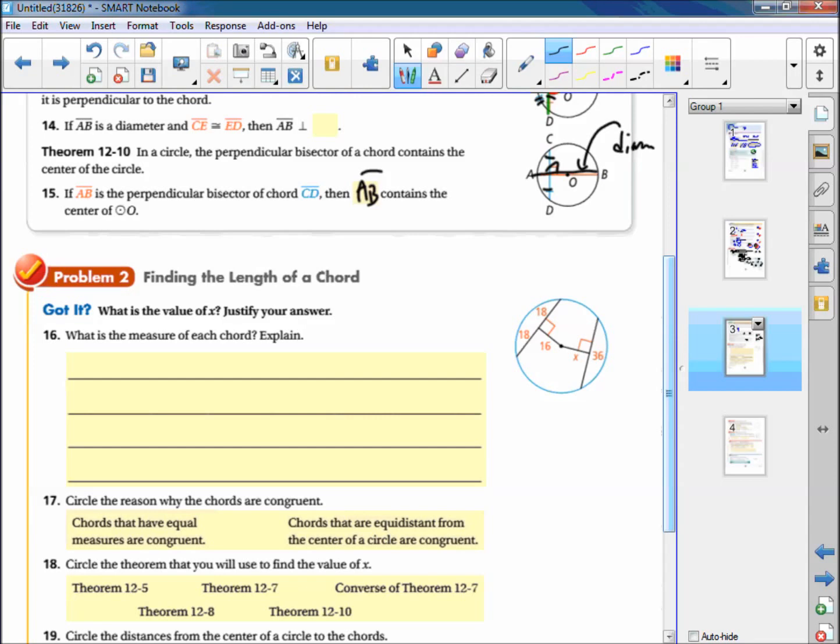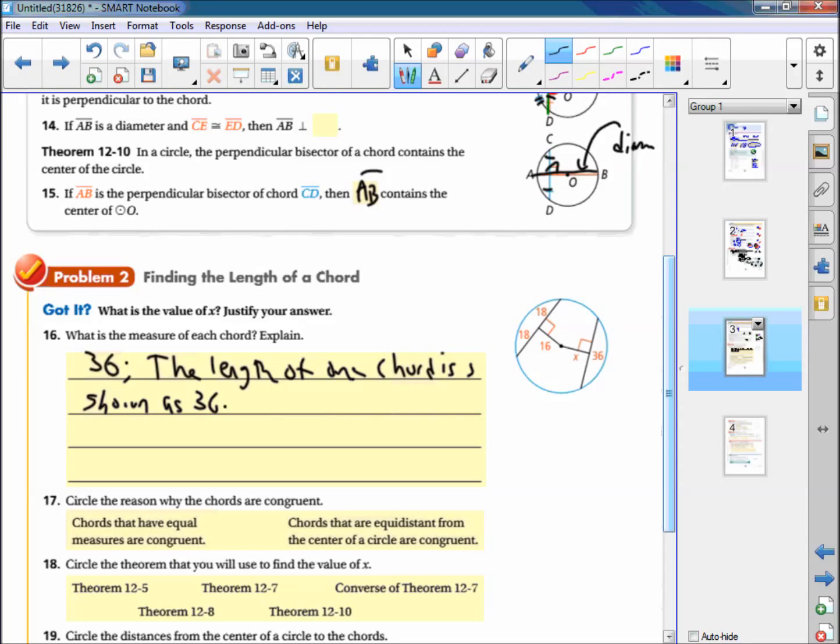Problem number 2, find the length of a chord. So what is the value of x? Justify your answer. So what is the measure of each chord? The measure of each chord is 36. You might write something like this: the length of one chord is shown as 36.